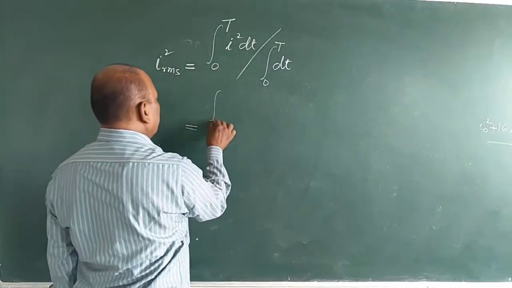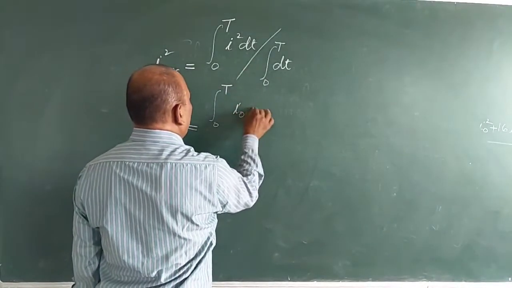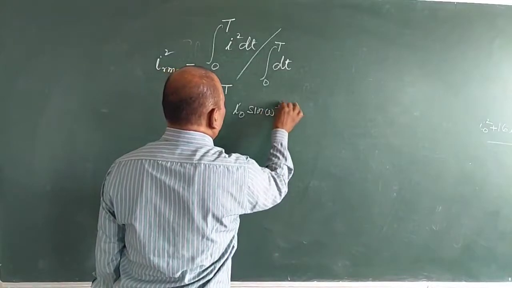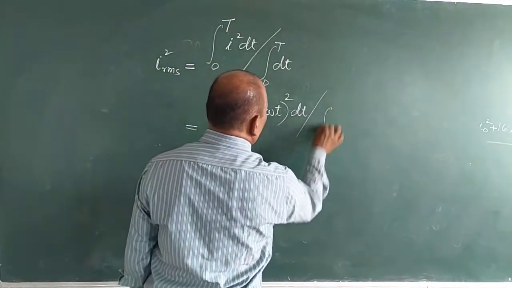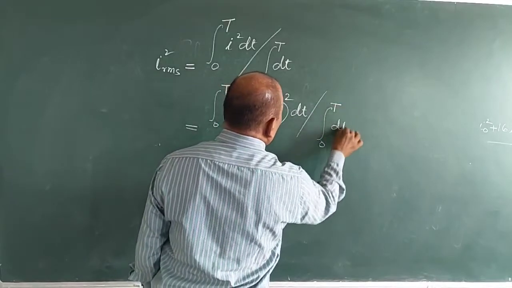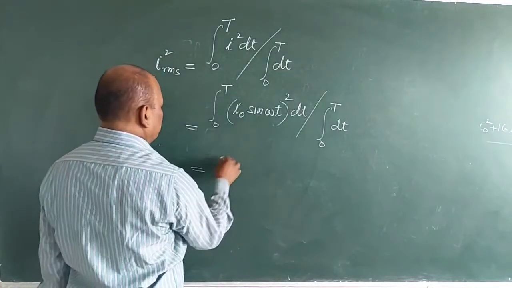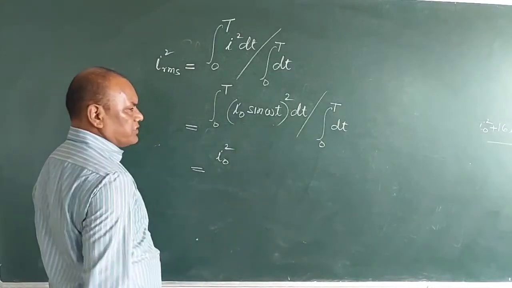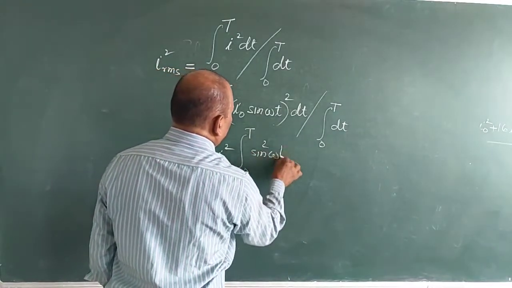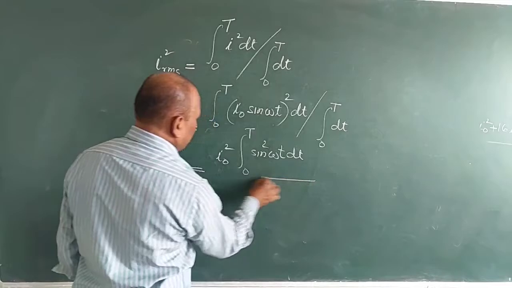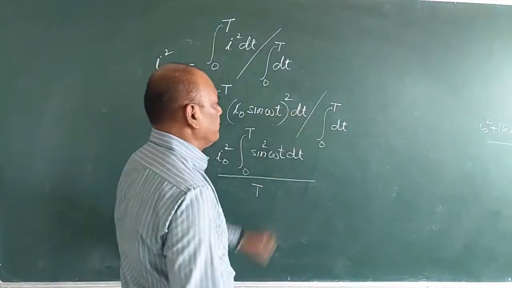Now the integral from 0 to t of I, which is I0 sin omega t, whole square dt, divided by the integral from 0 to t of dt. Here I0 square is a constant, the integral from 0 to t of sin square omega t dt, divided by t. The denominator becomes t.